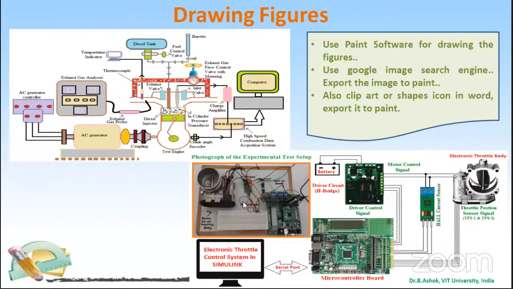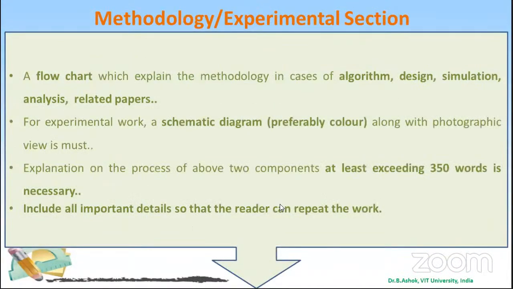So informative photography: you can circle it, you can make an arrow mark in a different color, and over the photograph you can write some information. That will add weightage to the figure. So this is another important thing to consider while drawing the experimental setup.